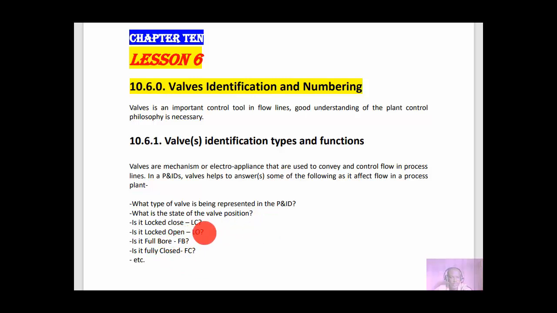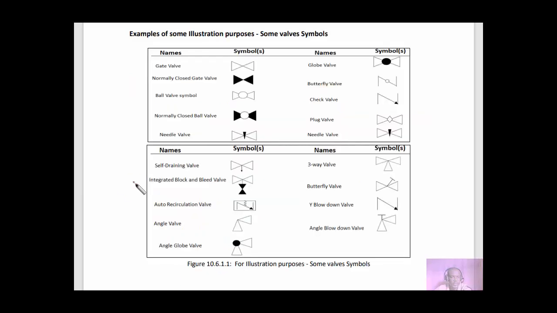Is it lock close? Is it lock open? Is it full bore? Is it fully closed? And so on. For illustration purpose, here we have some example of some valve symbols. This is just for illustration purpose.